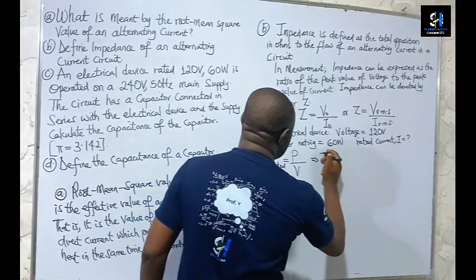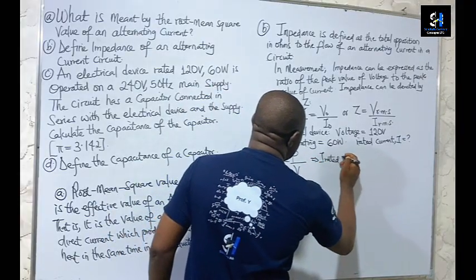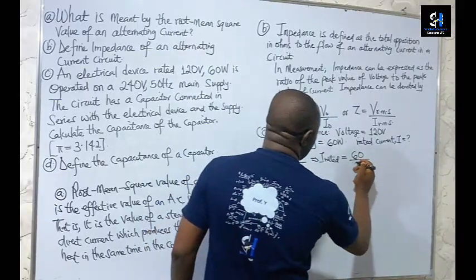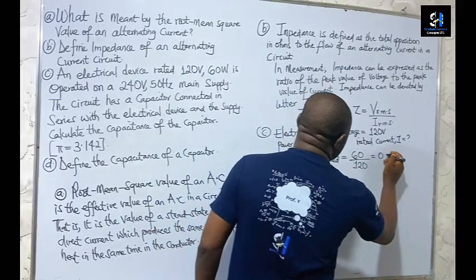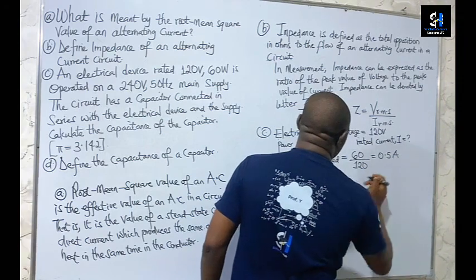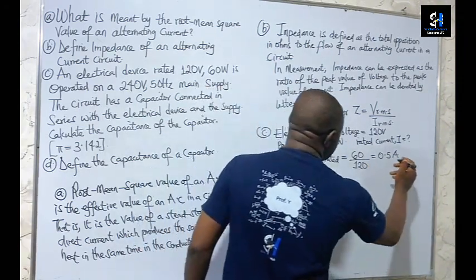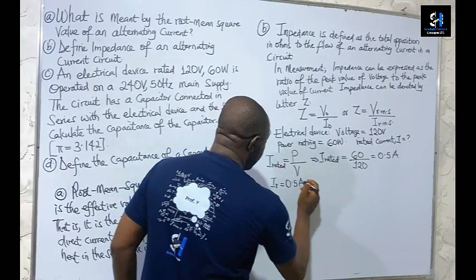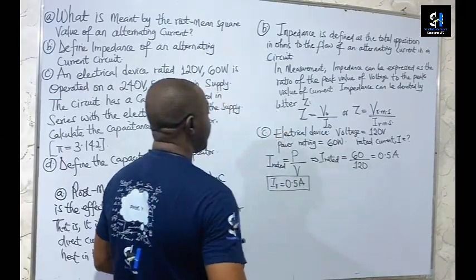In this case, the rated current will be 60 divided by 120, which equals 0.5 amps. So the rated current is 0.5 amps.